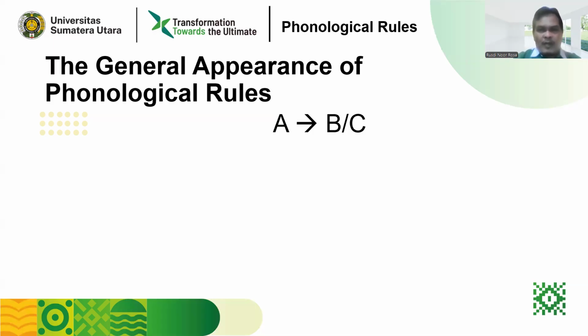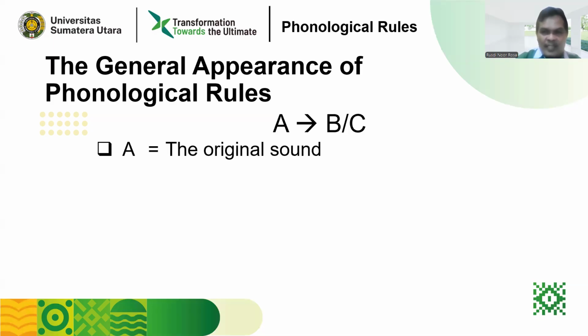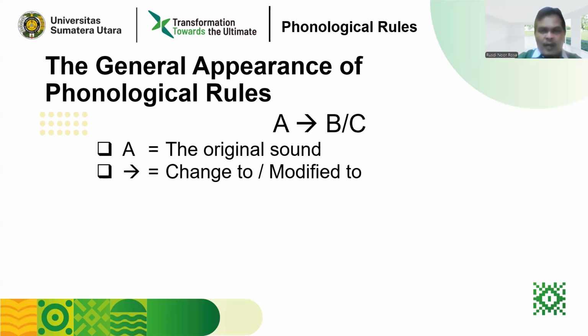Now let's talk about each of the symbols involved in phonological rules. A represents the original sound, so the sound which has not been modified. And then the arrow is a marker indicating change to or modified to, or we can say that the original sound changes to, or the original sound is modified to.